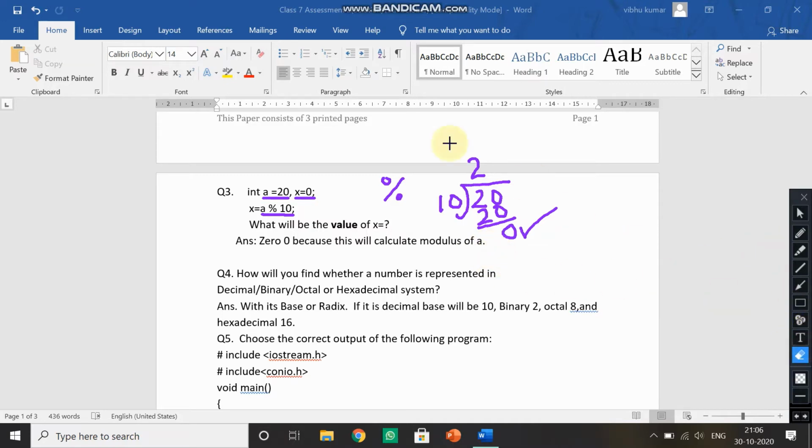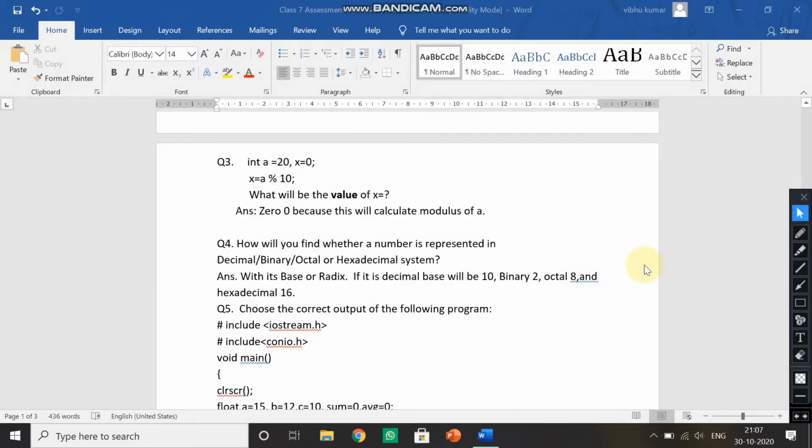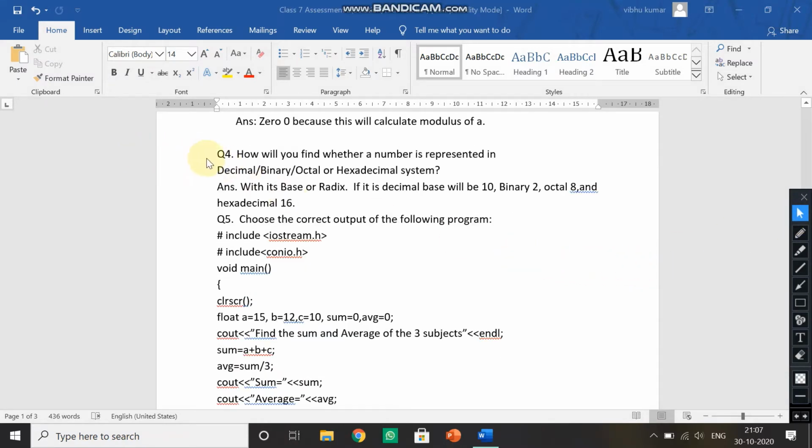Now question number 4. How will you find whether a number is represented in decimal, binary, octal or hexadecimal system? Simply with its base or radix.